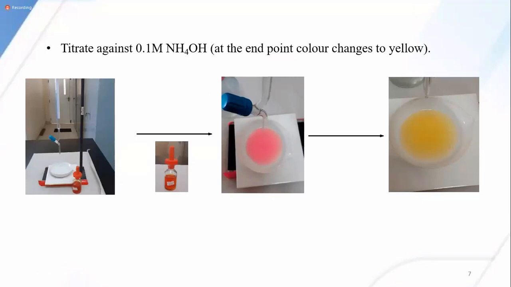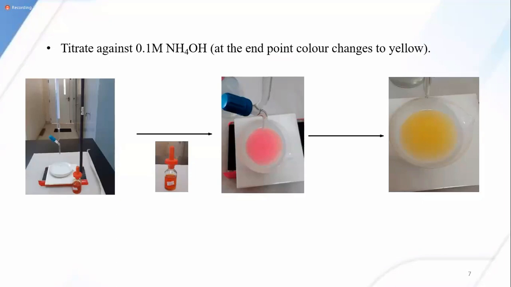For the titration, you need a titrant and indicator to find out the endpoint. Here we are going to titrate this HCl and the sample against 0.1 M ammonium hydroxide. I already told you this is the acid-base titration.